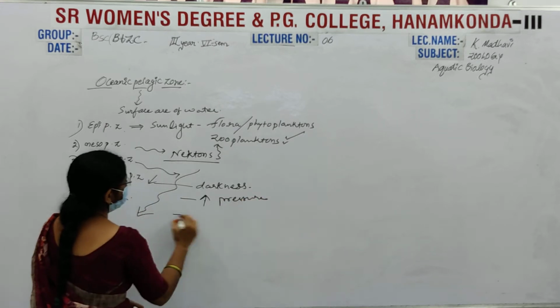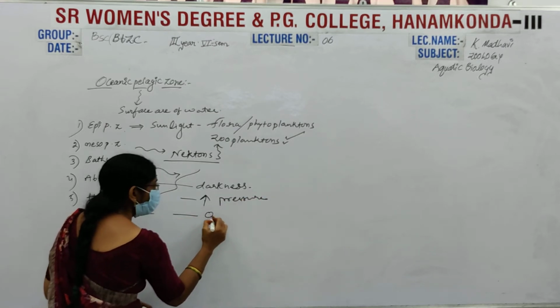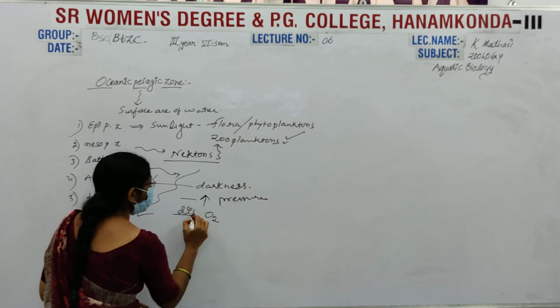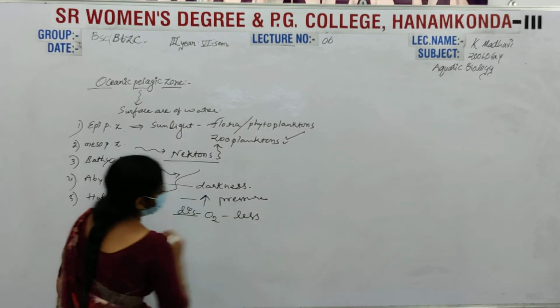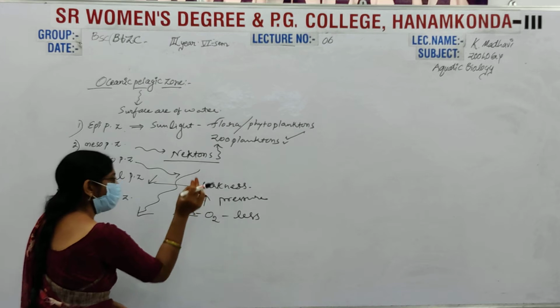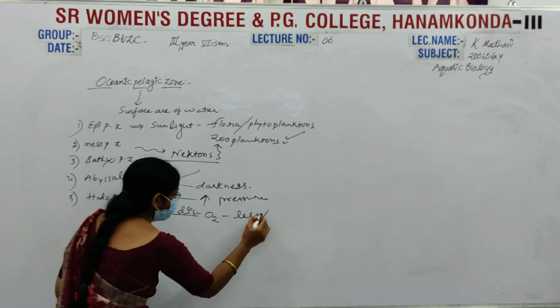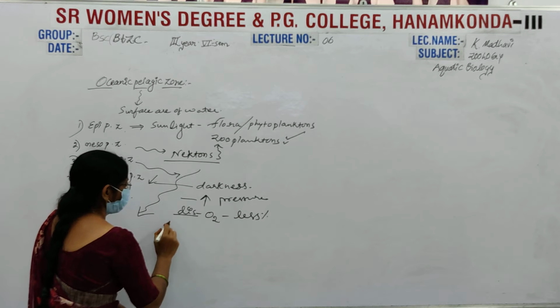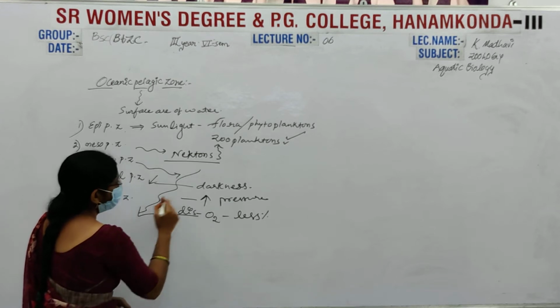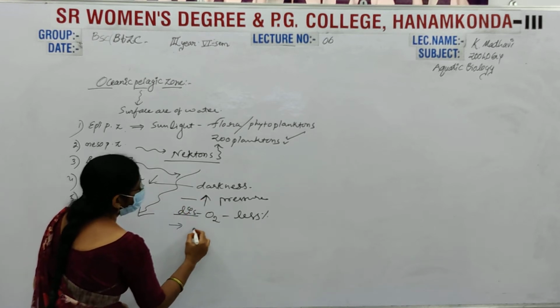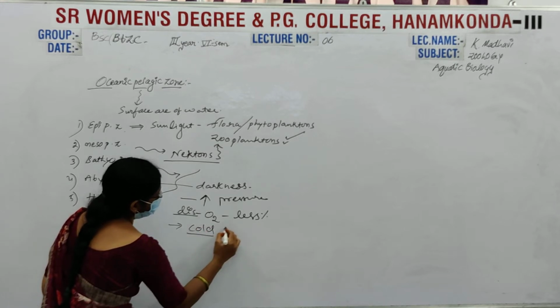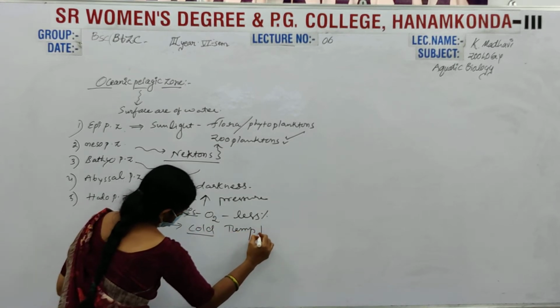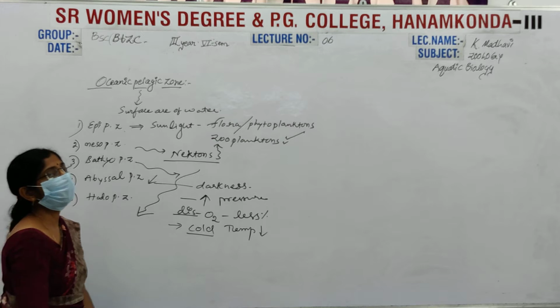The dissolved oxygen percentage is also less, the salinity is high, and darkness means cold water, so the temperature is very low.